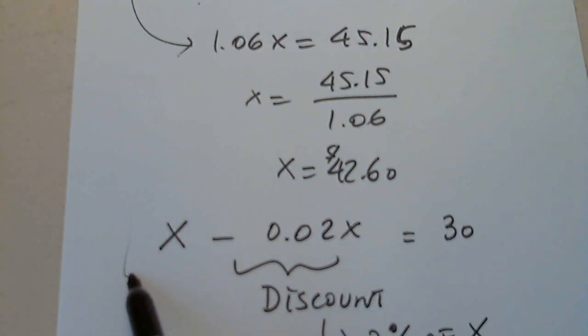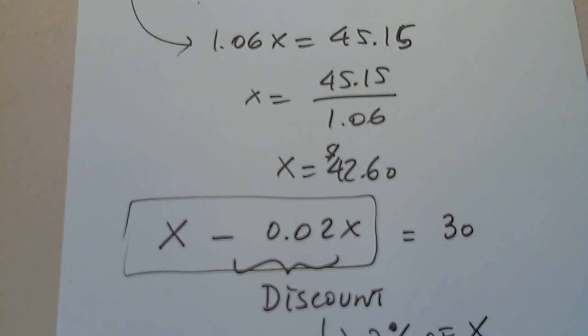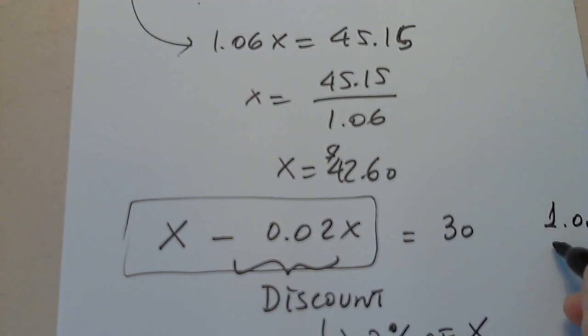So now from $1, basically, I have to subtract 2 cents times x equals 30. What do I have on the left-hand side? From $1, I subtract 0.02.